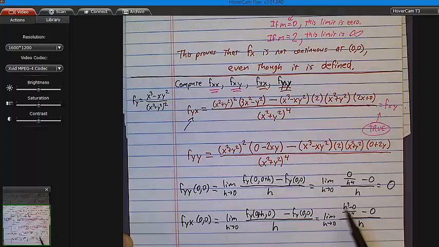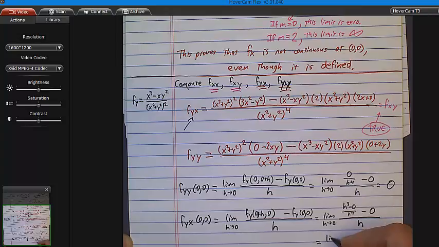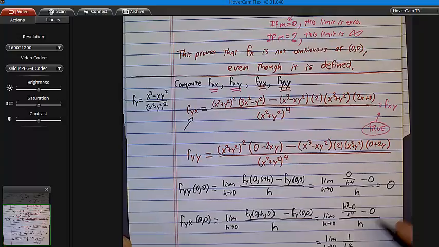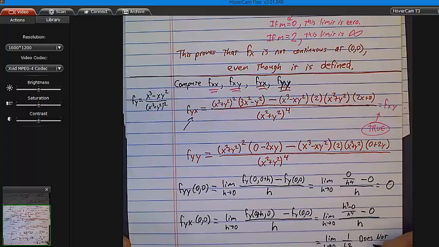Now h cubed over h to the 4th is 1 over h, right? And then I'm dividing by h. So this is the limit as h approaches 0 of 1 over h squared. And so what would you say about that? I would say that does not exist. Or I might say it equals infinity. But the point is when h goes to 0, this blows up.